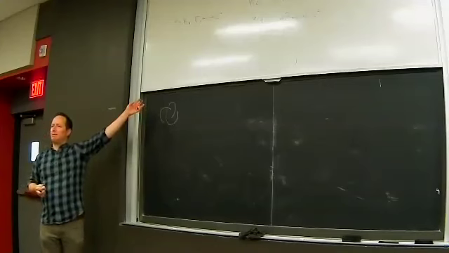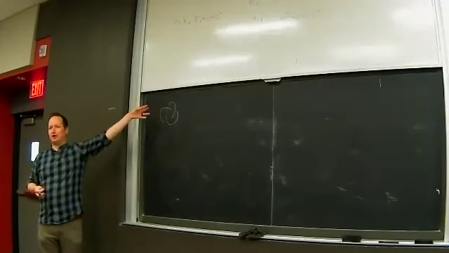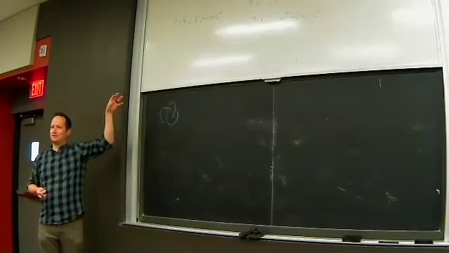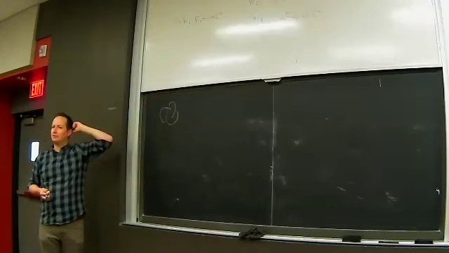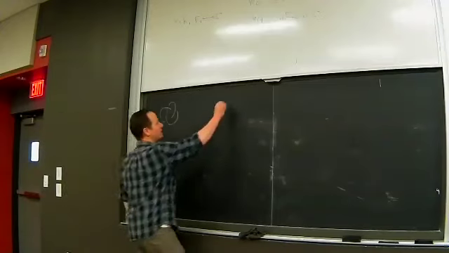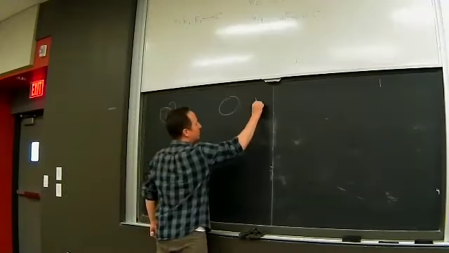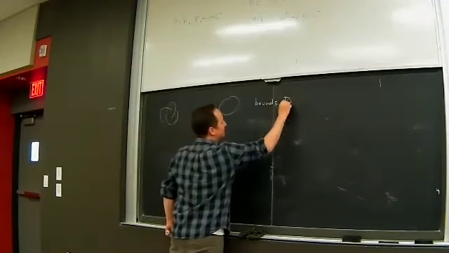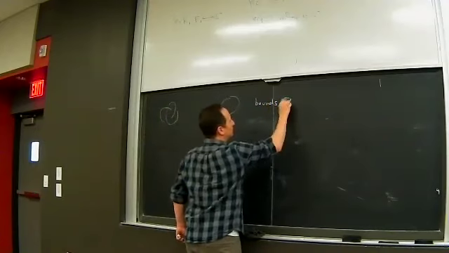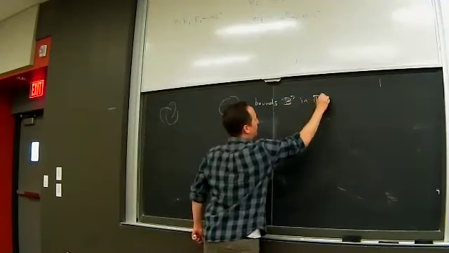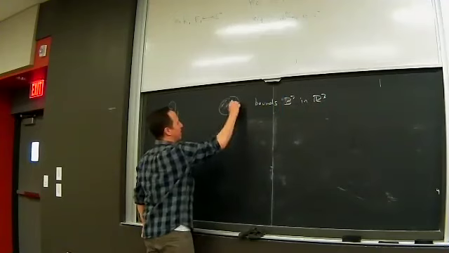What are some special properties of the unknot in classical knot theory that we might try to generalize to knotted surfaces? What is a defining characteristic of the unknot? It bounds a disk in R3. Yeah, so the unknot bounds a disk in R3. It's the only knot that bounds a disk.